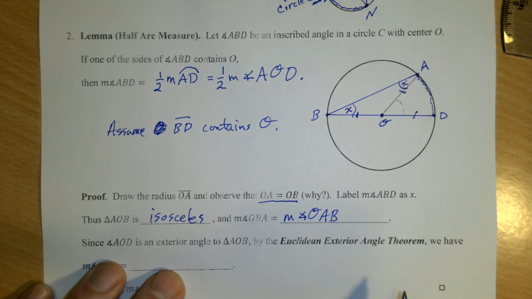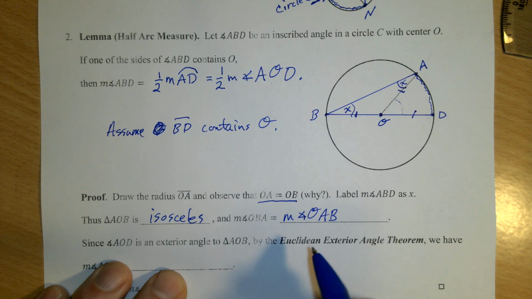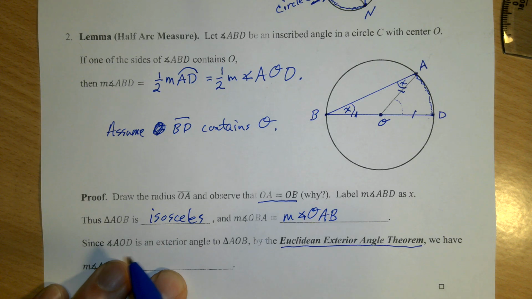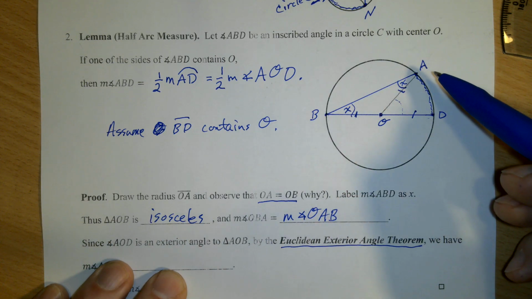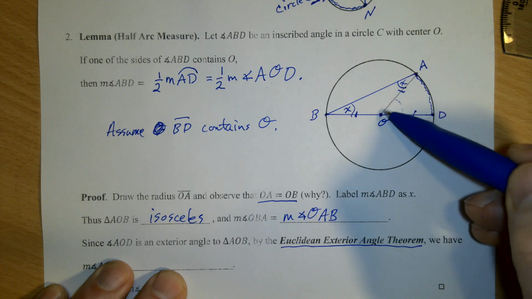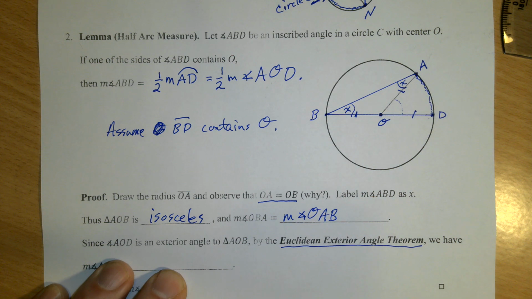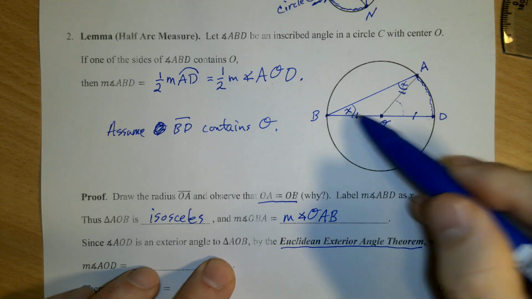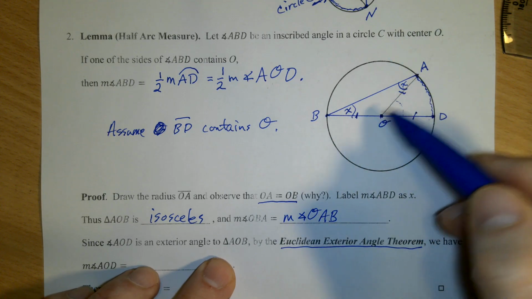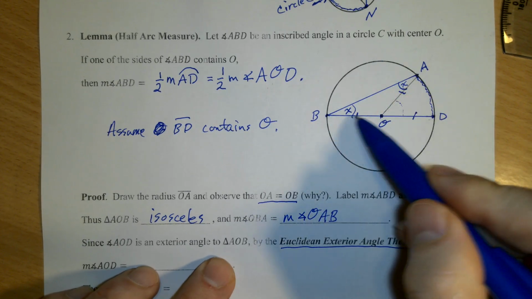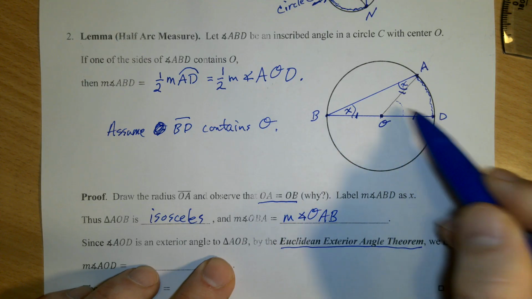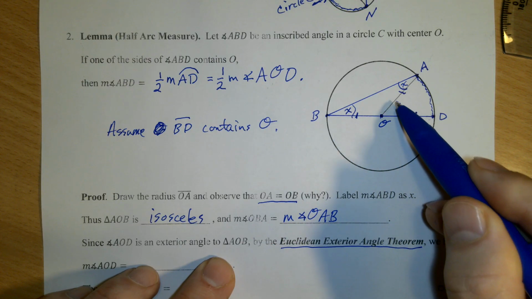Well, do you remember this theorem called the Euclidean exterior angle theorem? Since angle AOD is an exterior angle to this triangle AOB, remember, to get an exterior angle you just extend one of the sides of the triangle, extend this one, and that gives us a new angle right here.